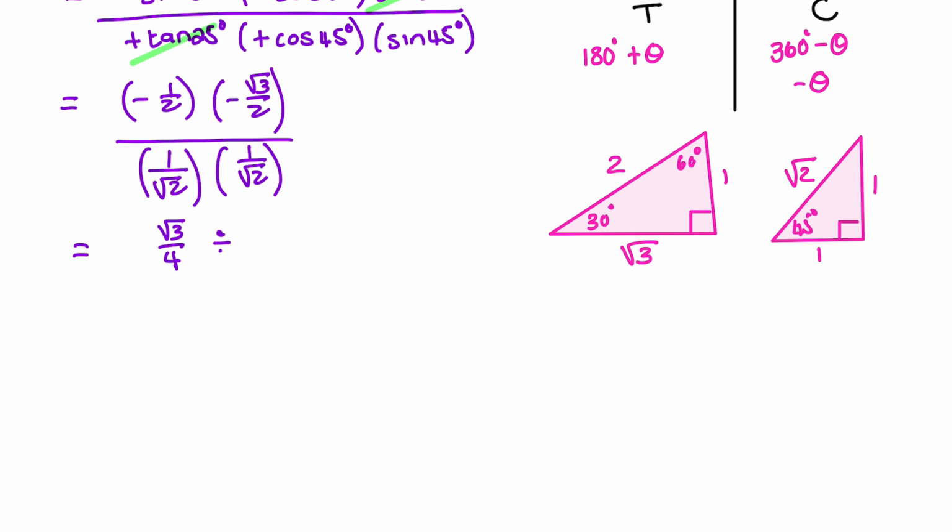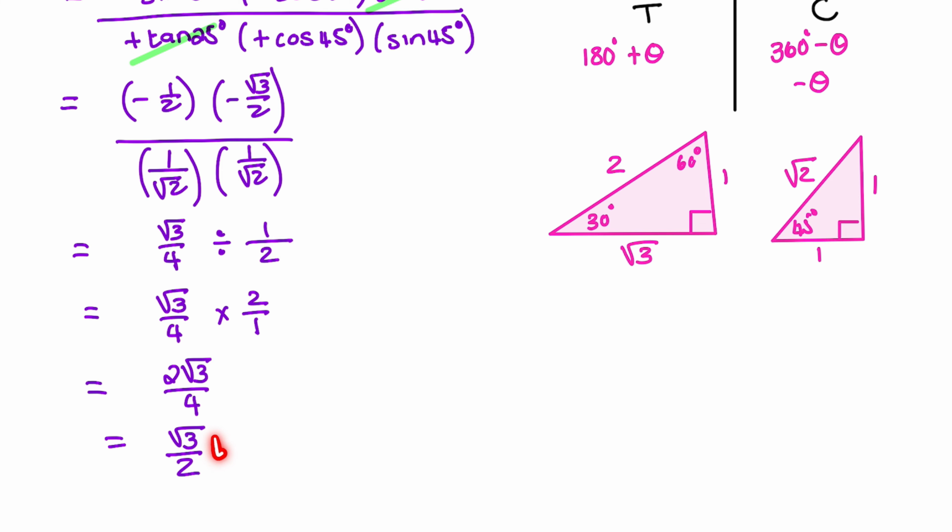We are going to divide that by, so instead of writing a fraction, I'm replacing that with the division sign, the denominator. If I multiply out, I have 1 times 1, which is 1 over 2, because root 2 times root 2 would simply become 2. Now if I tip it and multiply, I have root 3 over 4 times 2 over 1. That simplifies to 2 root 3 over 4, and 2 divided by 4 is 1/2, so that's root 3 over 2. So my final answer is the square root of 3 over 2.